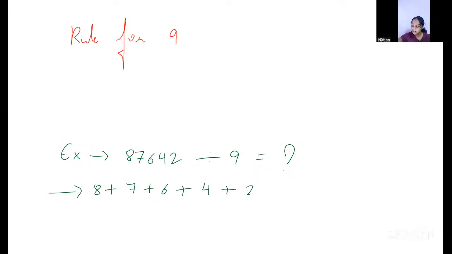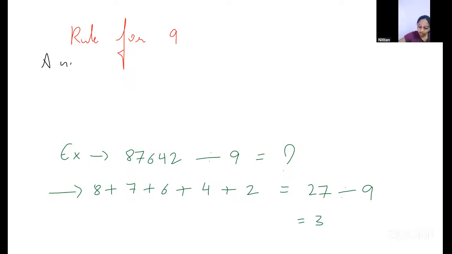Add and tell me how much we are getting. 27. Very good. Is 27 coming in the table of 9? Yes, 9 threes are 27. So that means 87642 is divisible by 9, because the sum of all the digits is divisible by 9. Write this down.